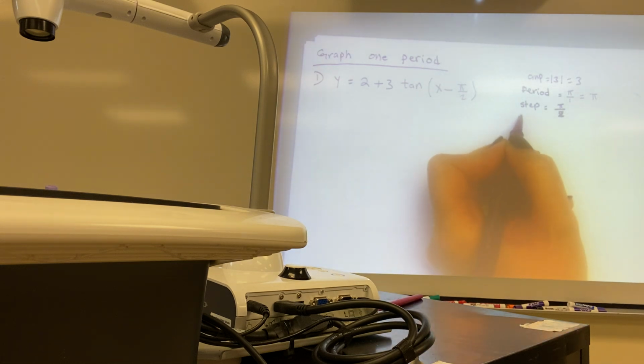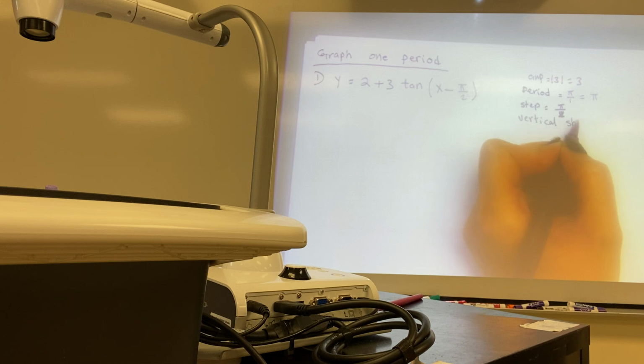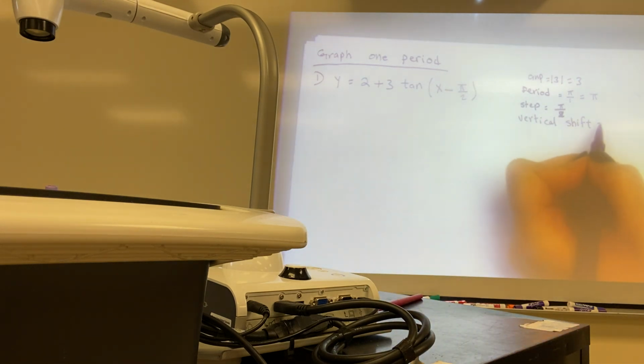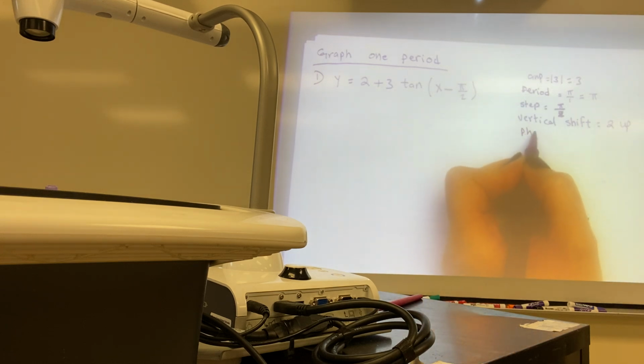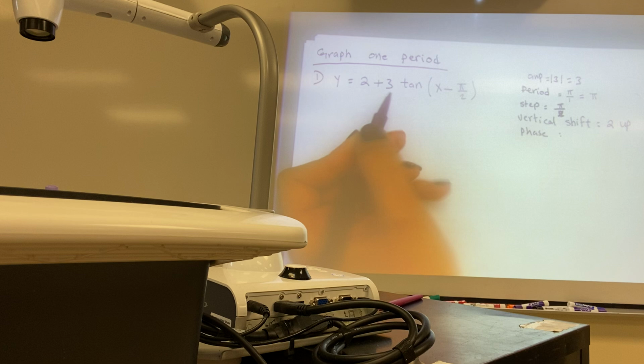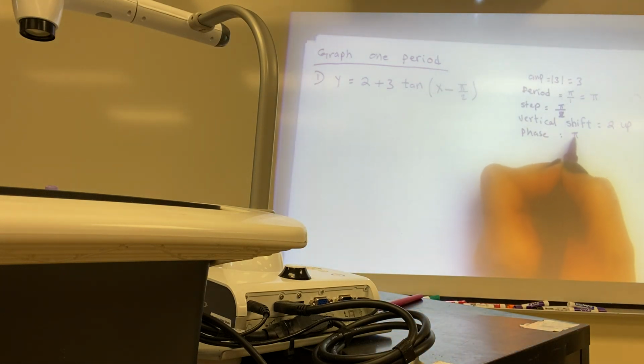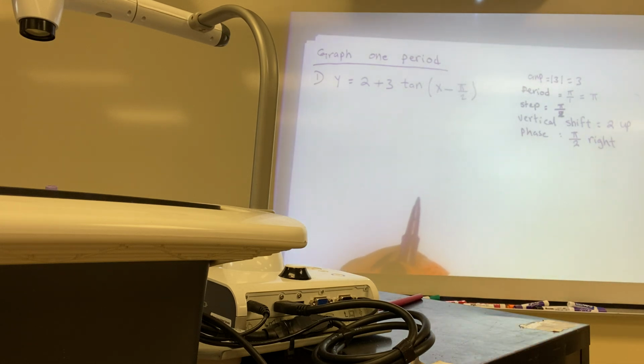Vertical shift is 2 units up, and phase shift is pi over 2 to the right. Okay.